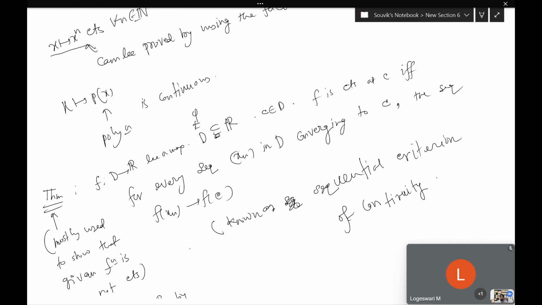So there is one theorem, and this is one of the most useful theorems in continuity, in order to prove continuity or discontinuity. This theorem is actually used to show that some given function is continuous. Okay.